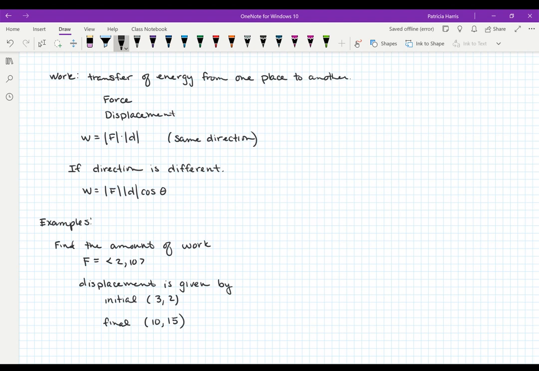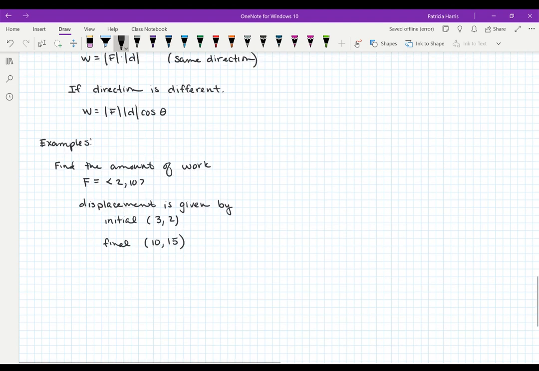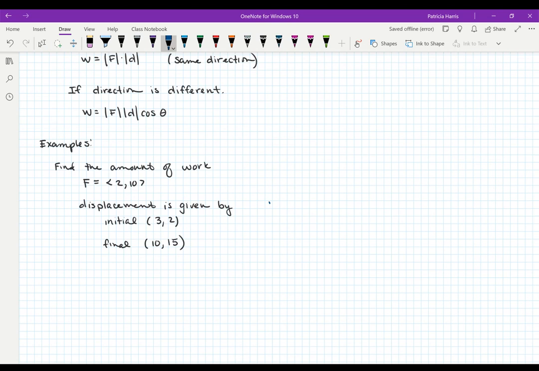Okay, so to find our displacement vector, just go final minus initial.